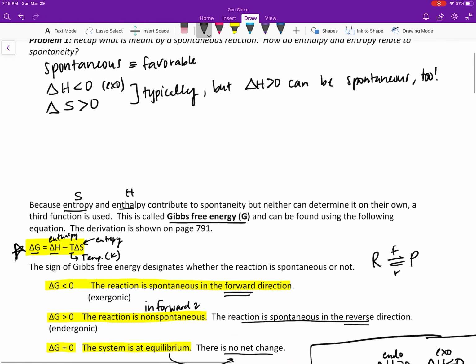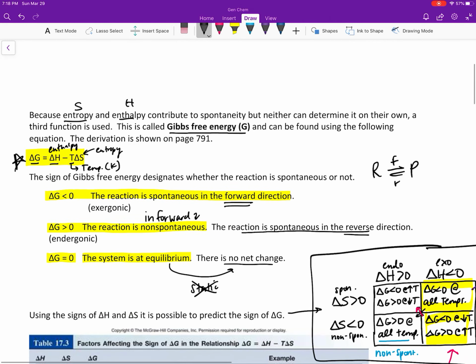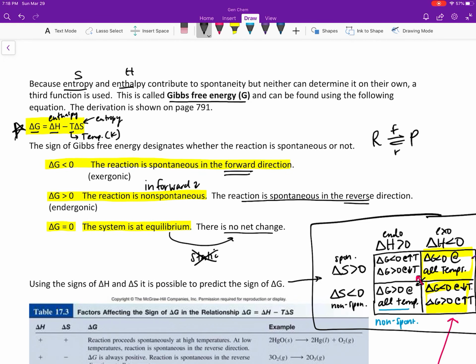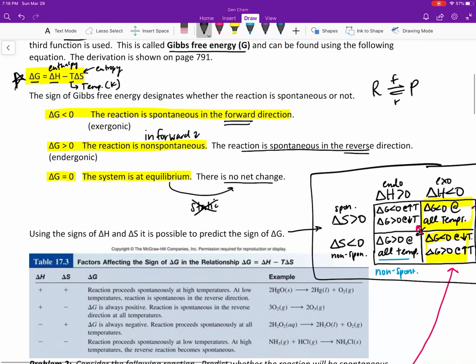Typically, our reactions tend to be favorable when they are exothermic and entropy is greater than 0. We cannot necessarily determine them individually because they both have a determining factor in spontaneity. So we use what's called Gibbs free energy, which is G, to determine if it's spontaneous, and which one, forward or reverse.